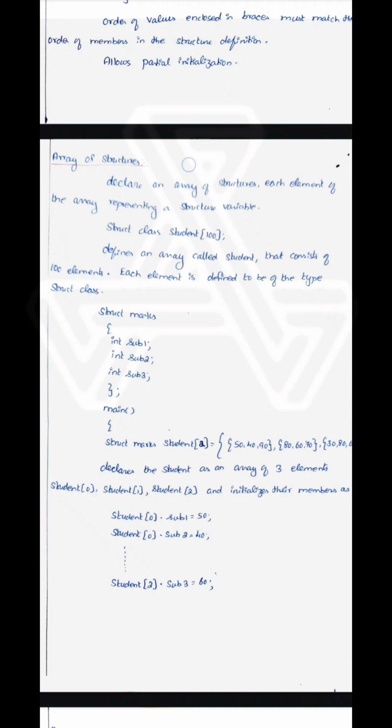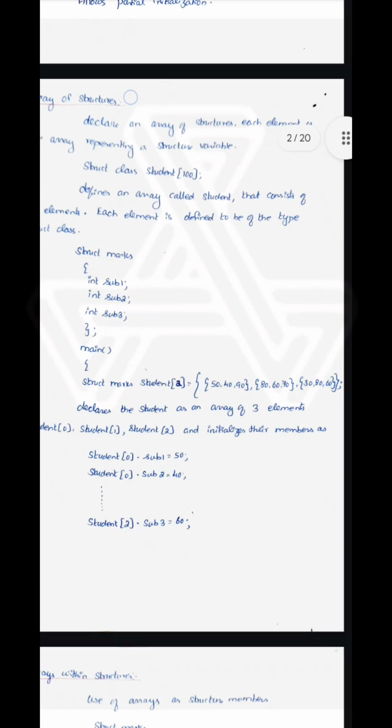Array of structures. We have int marks and student[2] will be equal to something like this. Student[1], student[2] will give you the values.